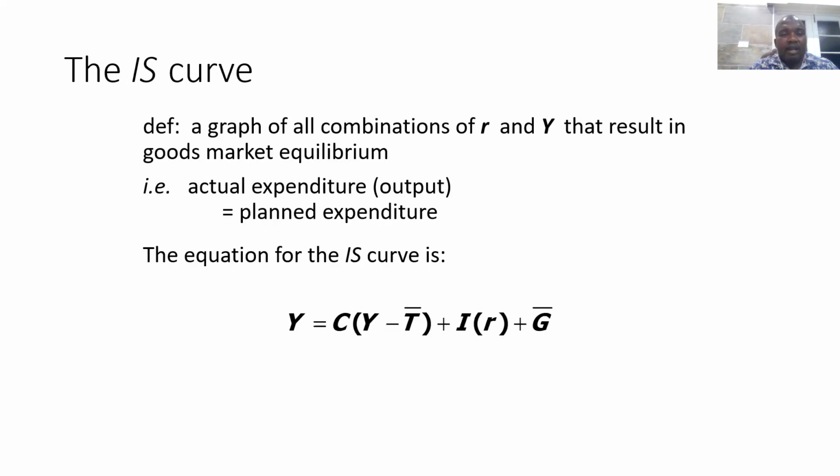So now the equation of the IS curve is simply Y, the level of national income, is equal to planned expenditure or aggregate expenditure. Recall that our consumption function was defined as C of (Y minus T), where Y minus T is our disposable income.